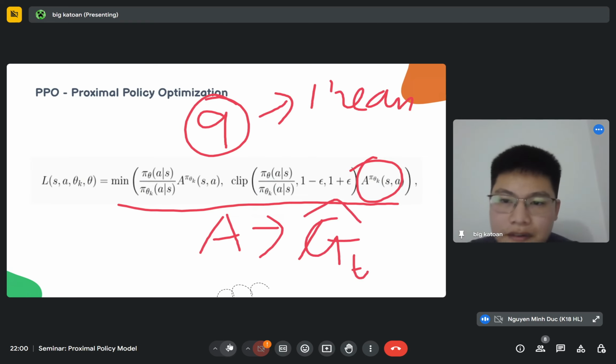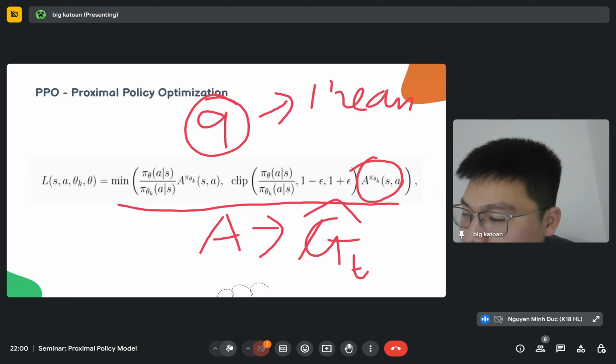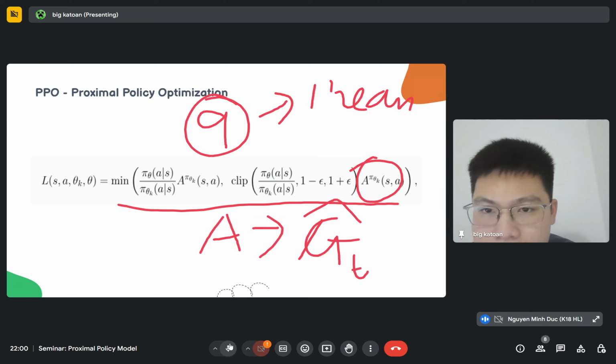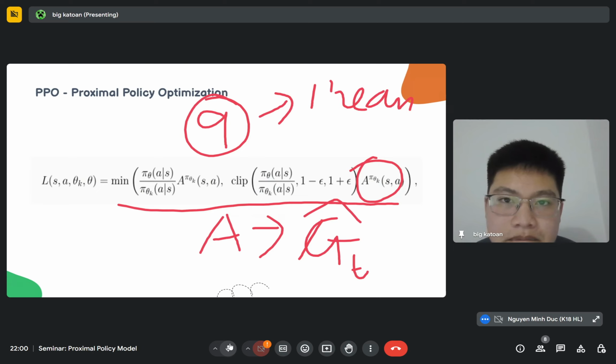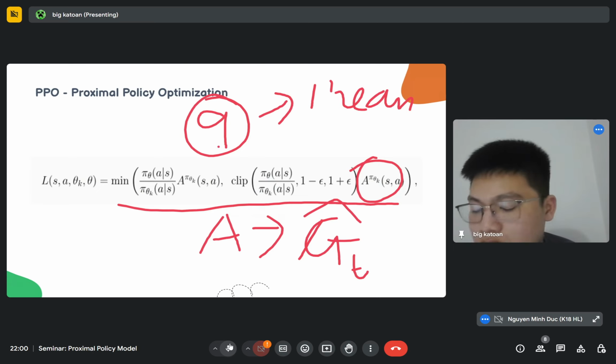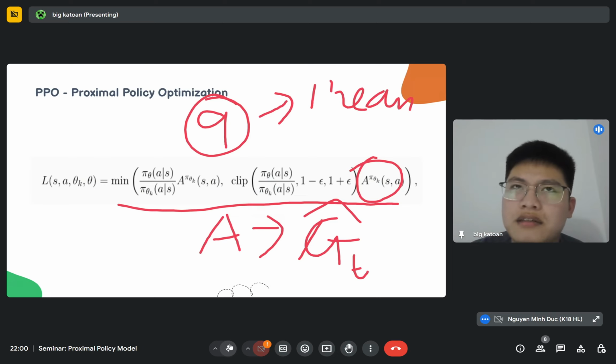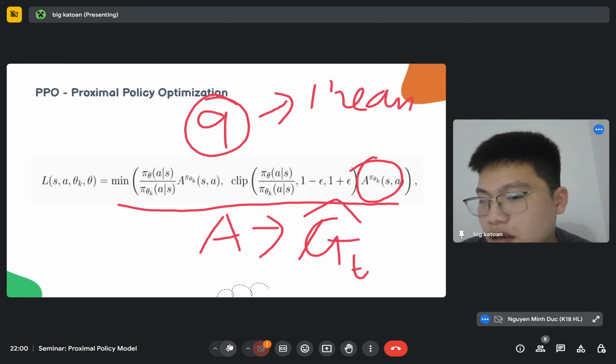The advantage equation is based on the Bellman equation. Is it true? Yes, it's based on the Bellman equation. The advantage equation is like that.